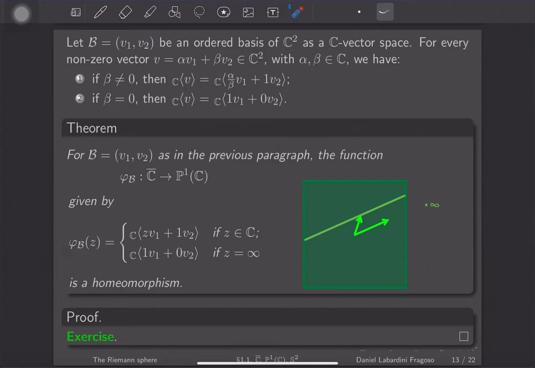Now obviously, if beta is not zero, I can divide v by beta. Of course the vector changes, so I'm obtaining another vector, but the one-dimensional vector subspace it spans in C2 doesn't change. v and v divided by beta span the same vector subspace of C2. So I really have this.